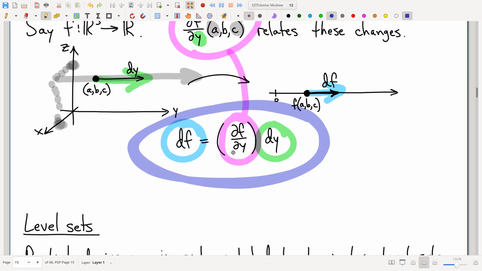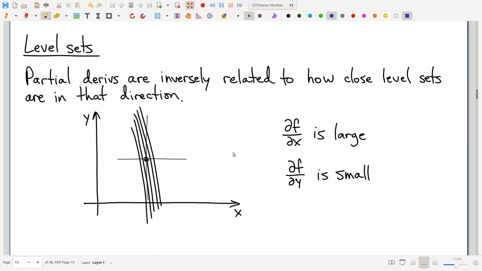Okay, next picture, level sets. This one's particularly confusing and dangerous. Let's take a quick look at this level set right here that I have highlighted in purple. That level set is a curve. Sometimes graphs are curves, and it's going to be tempting.